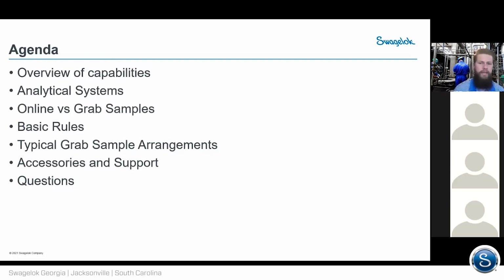Then we'll go through some basic rules of either online or grab sampling systems. We'll just talk about sampling best practices in general, and then I'll show you some typical arrangements for our grab sampling panels. Show you some accessories and some features of them, and then we'll get into questions. Obviously, please ask questions throughout. We can definitely direct answers as we go through the presentation.